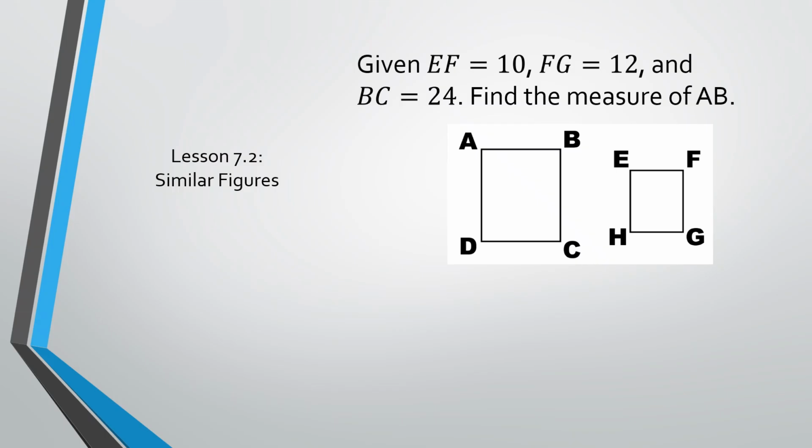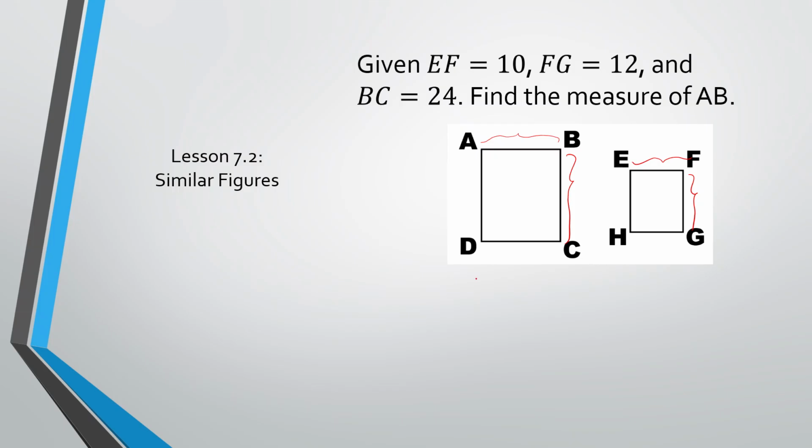Done already? Okay, so here's the thing. We have here the given EF, and we have here FG. We have here BC, and we are finding the value of AB. So here's how you write again. The first ratio should be based on the first figure.